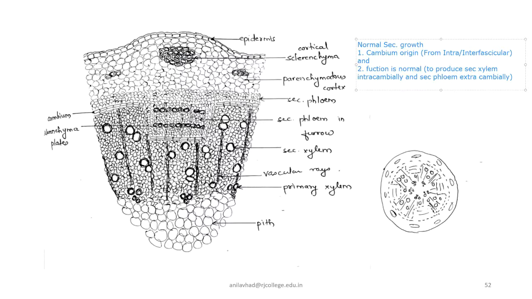And now here you can also clearly see this is secondary phloem, this is secondary phloem. The amount of secondary phloem produced over here is comparatively less, but over here the amount of secondary phloem produced is more. So in this particular furrow, secondary phloem is more.